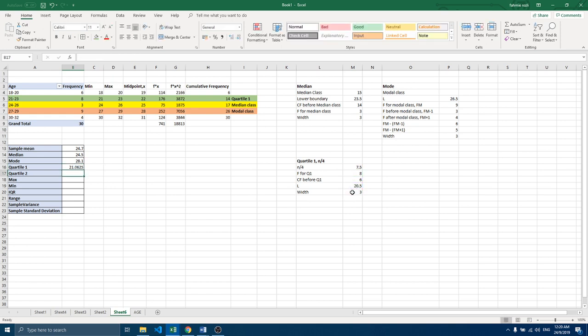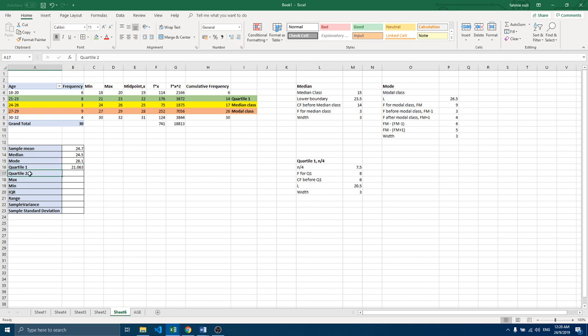Alright, so your quartile 1 is 21 years old, which is 21.06, still in between 21 to 23 years old. So I just put in 3 decimal places.